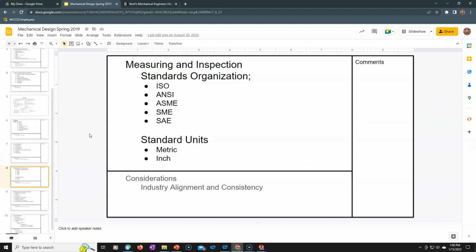All right, so our standards and standards organizations. In the international system, ANSI is our sanctioning body.